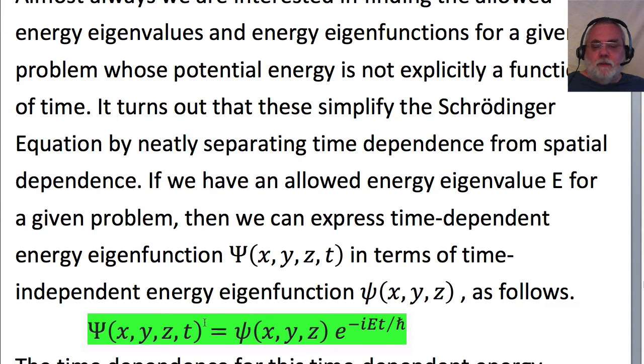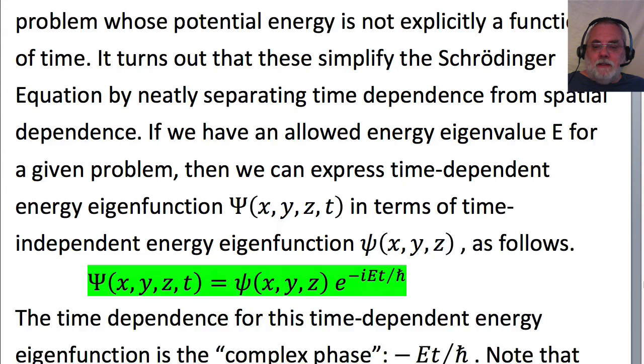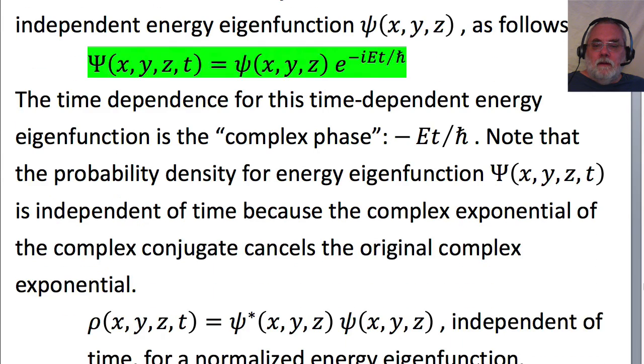Capital Psi equals lowercase psi times e to the minus iEt over h bar. The time dependence for this time-dependent energy eigenfunction is the complex phase minus Et over h bar.